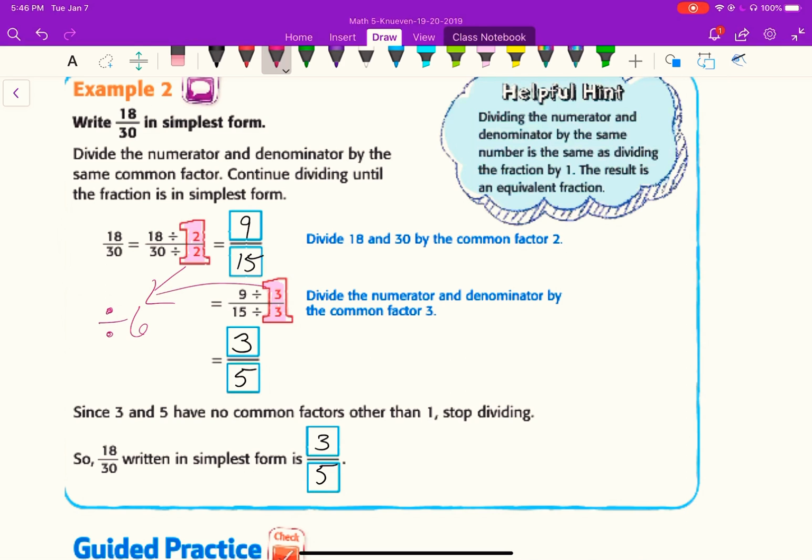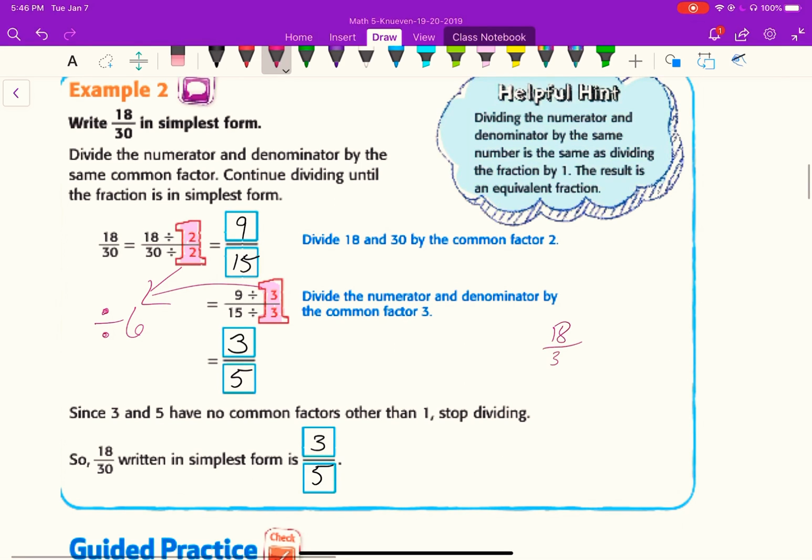Let's look at that real fast. So 18/30ths, if I factored out a 6 from each, 18 divided by 6 is 3, 30 divided by 6 is 5. Well, guess what? That is exactly what we did here. So if you can find the greatest common factor between the two numbers and factor that out, it will save you multiple steps later on.